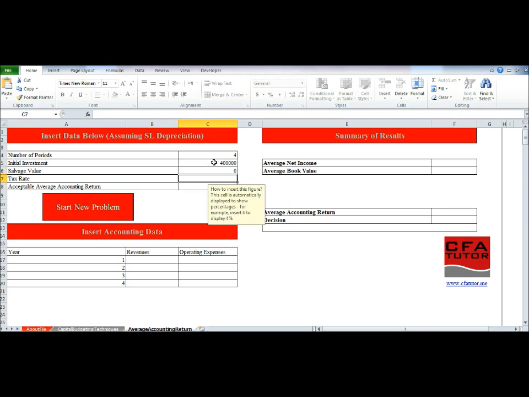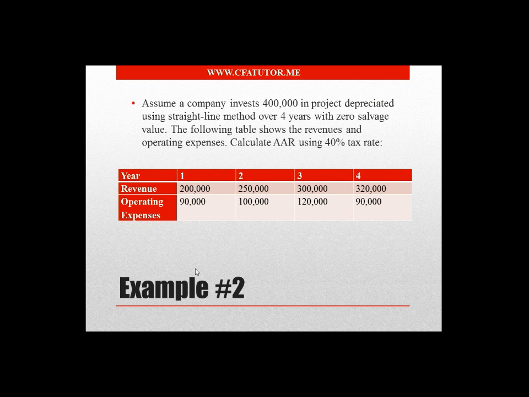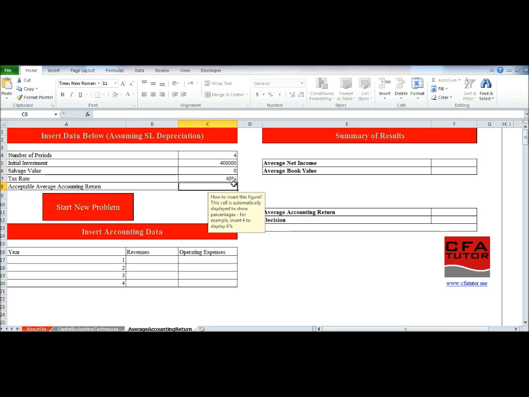The salvage value is 0, and the tax rate is 40%. Again, it's entered as discount rate. We haven't been provided any acceptable accounting rate of return in the question, so we'll just put it for now. Let's assume it's like 20%.